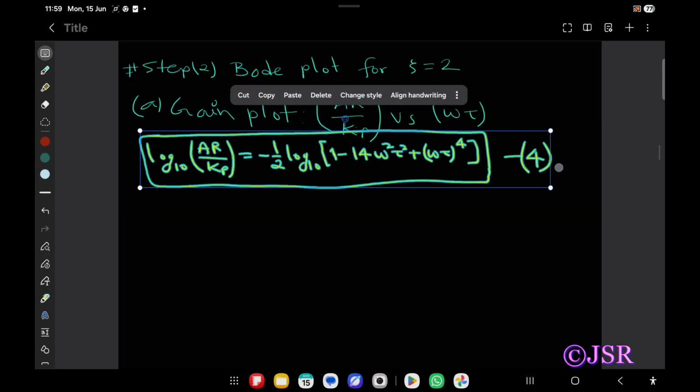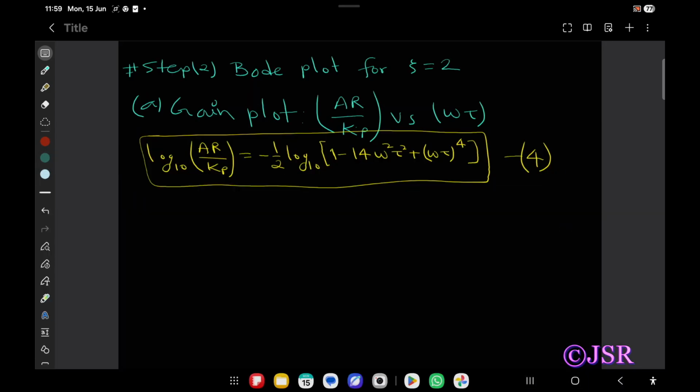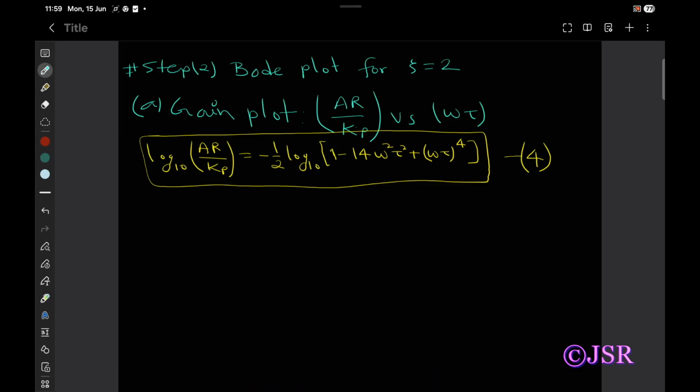So here we will use equation number 4 for the gain plot. So when omega tends to 0, it means omega tau tends to 0.